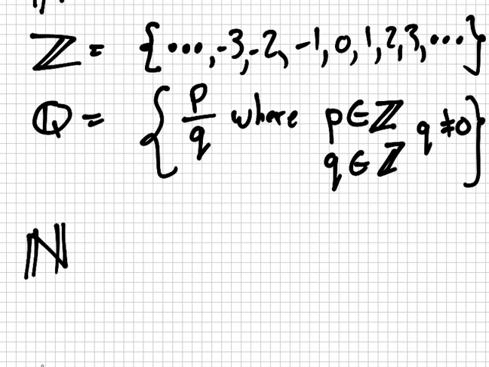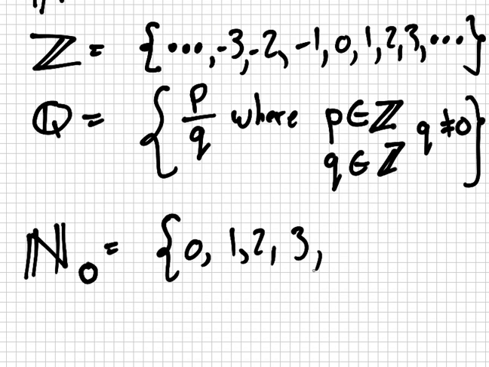So the way to prevent confusion is as follows. If I want to include 0, I'll write a little 0 here. And if I don't want to include 0, I'll put a little star. This is universally true in every maths book.